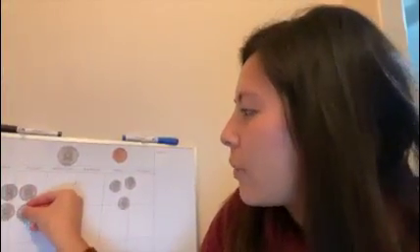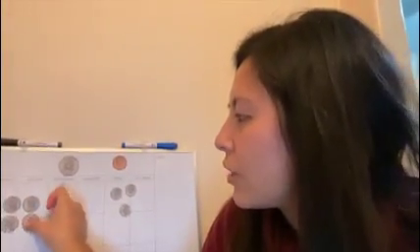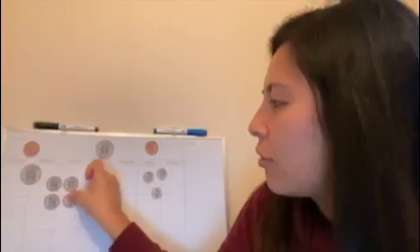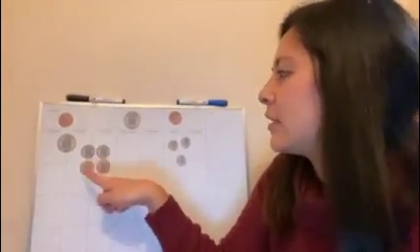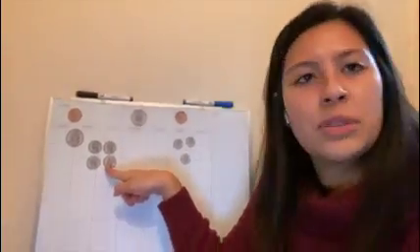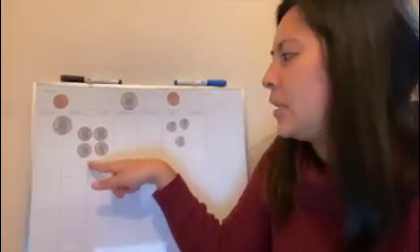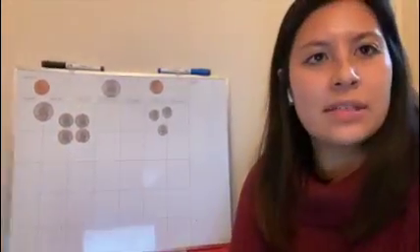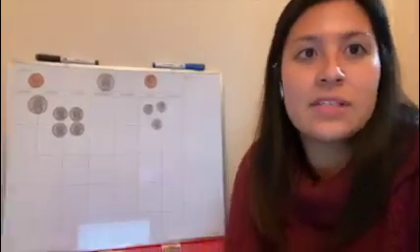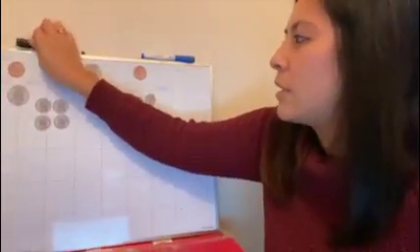We give him another nickel, that's 5, 10, 15, 20 cents. How much money are we missing to equal 25 cents? We're missing 5 cents, right? So then we'll give him another nickel.